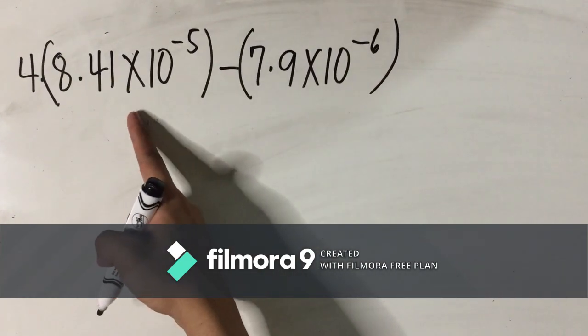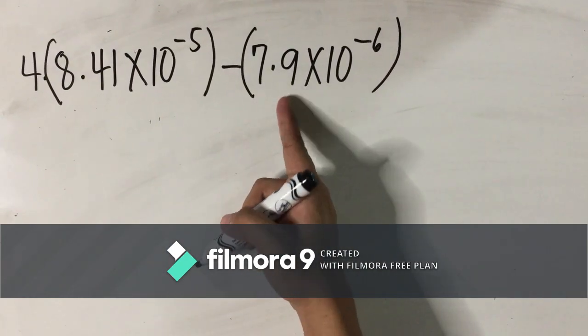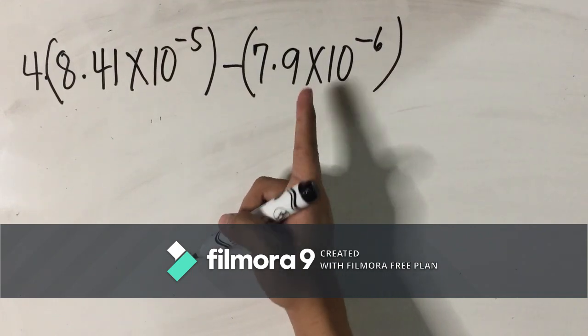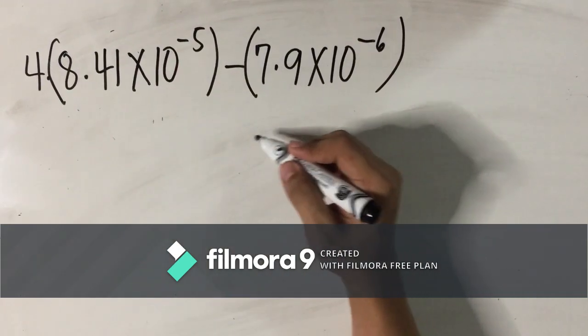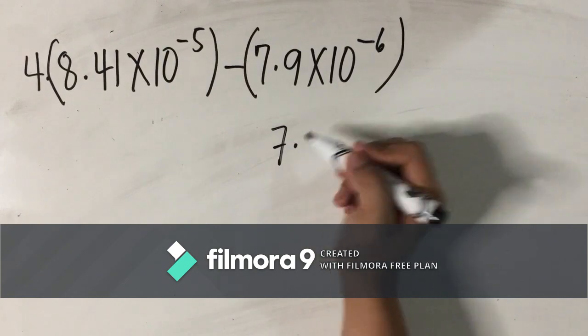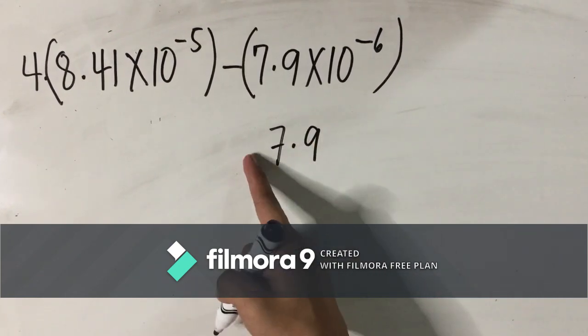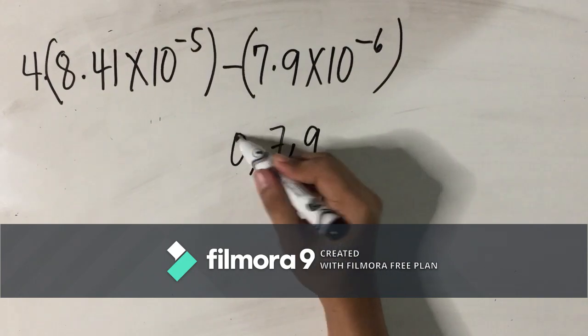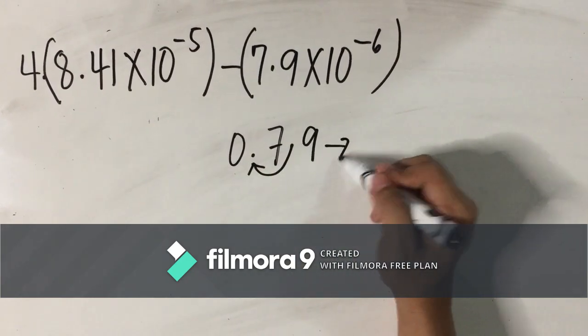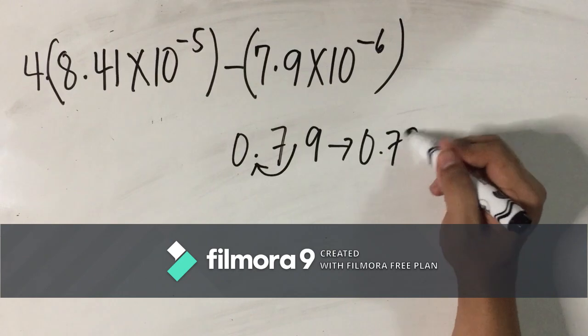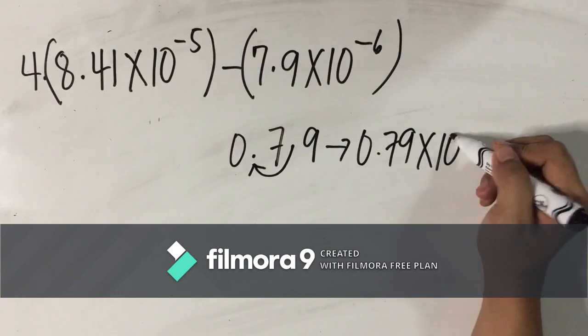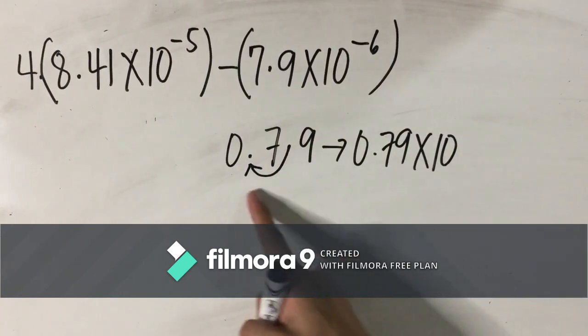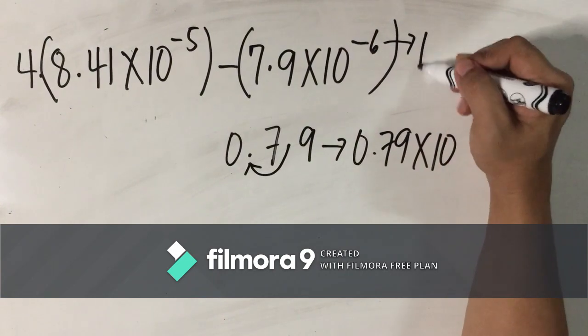So merely analyzing, we've decided to work with 7.9 times 10 raised to negative 6. So we have to move the decimal point going to the left, so indicating a positive movement. So we have to add positive 1 to negative 6 in order for us to get the right exponent.